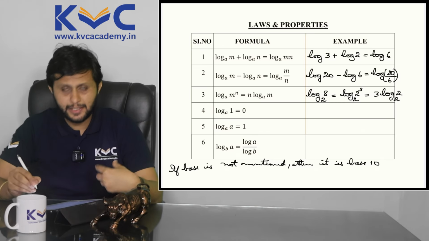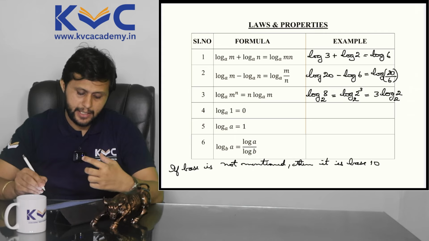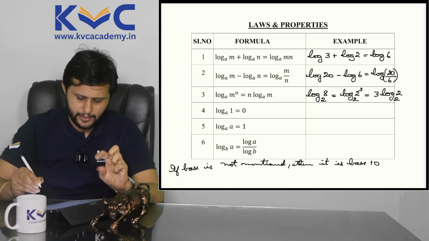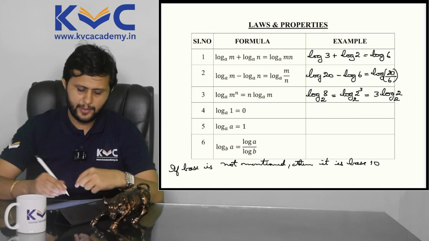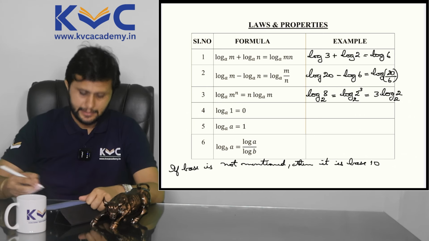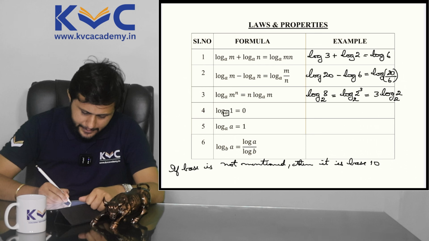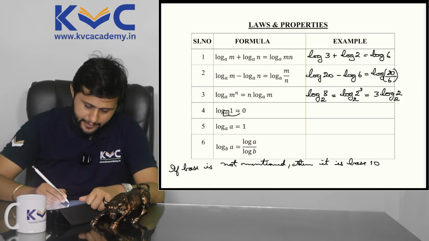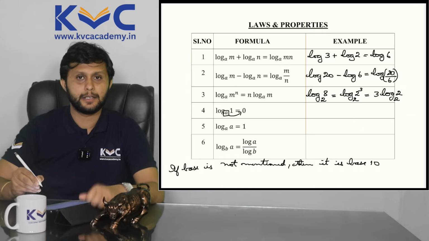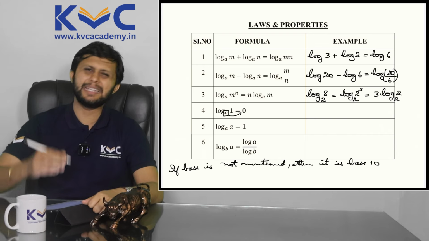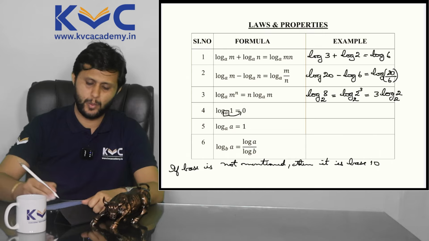Next, we have logarithm of 1 to the base a equal to 0. Now here it is very easy for me to explain the logic behind this. See, if I have to convert this to exponential form, what happens? The base of the logarithm becomes the base of the exponential form, correct? And the answer that you have in the logarithm goes to the power. So we get a to the power 0. What is a to the power 0 equal to? Anything raised to the power 0 is equal to 1, correct?